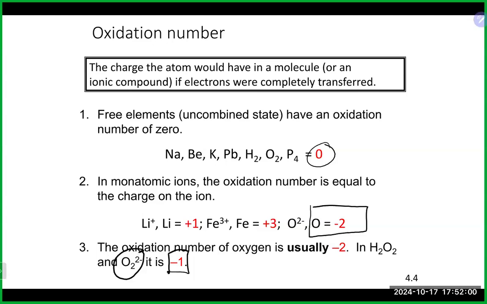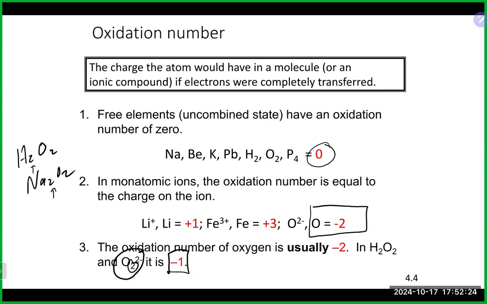I will say that in most cases, if you see oxygen, it's probably a pretty safe bet it's going to be -2. I would say hydrogen peroxide is probably the only one, maybe sodium peroxide. How do you know it's really peroxide and not oxygen? That 2 that's there hangs around. So that extra 2 kind of hangs around and tells you it's going to be peroxide rather than just oxygen.